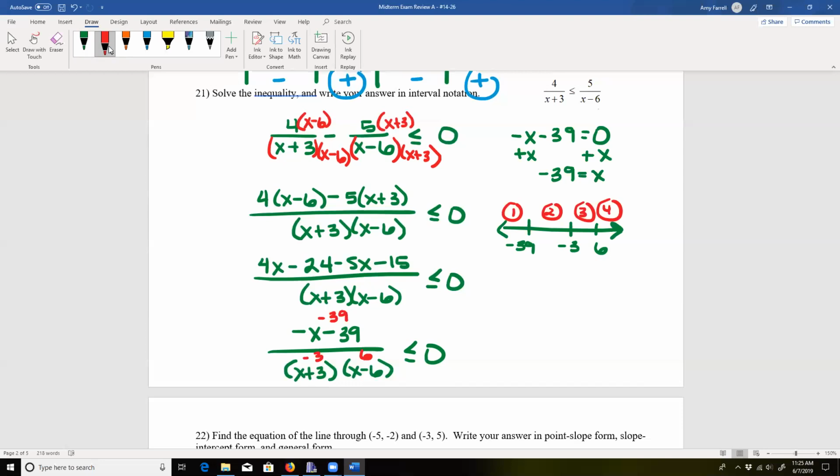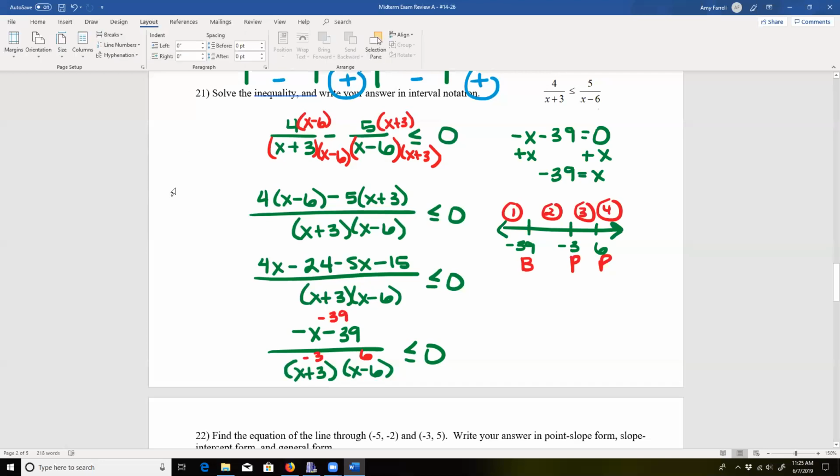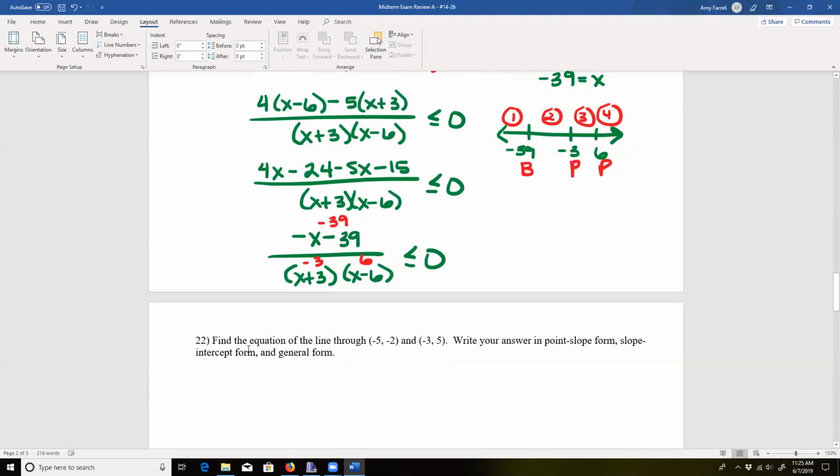So I'll put a B. I am going to use brackets by the negative 39, so B for brackets. Not a problem. Negative 39 makes the numerator 0, but that's okay. But I'm going to use P for parentheses. These numbers must get parentheses, even though our symbol is a less than or equal to. It all has to do with the fact that we do not want to divide by 0.